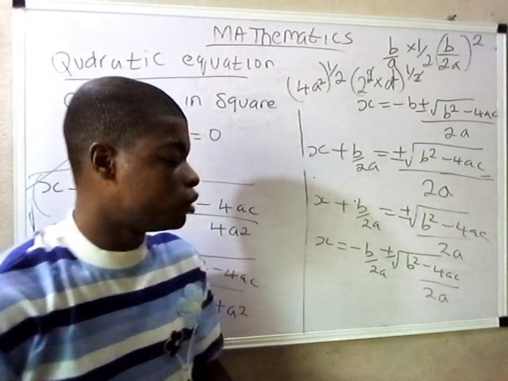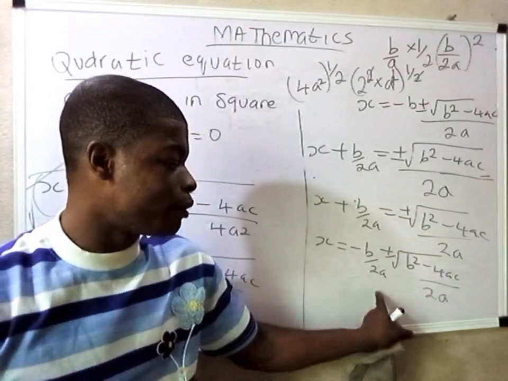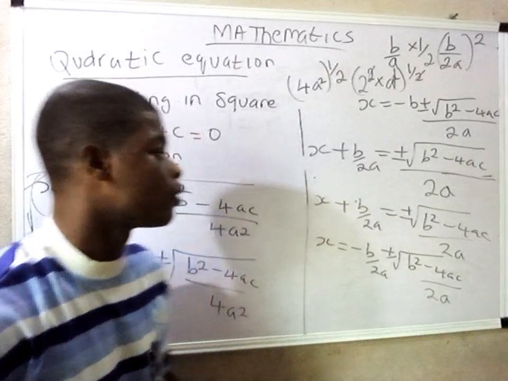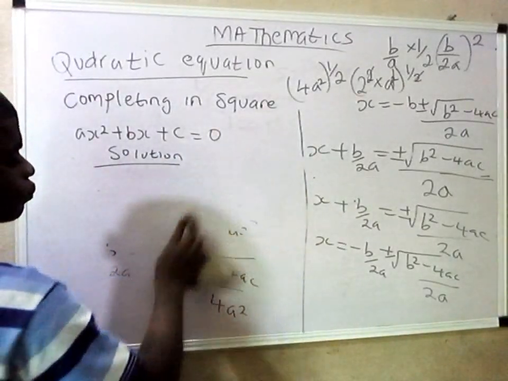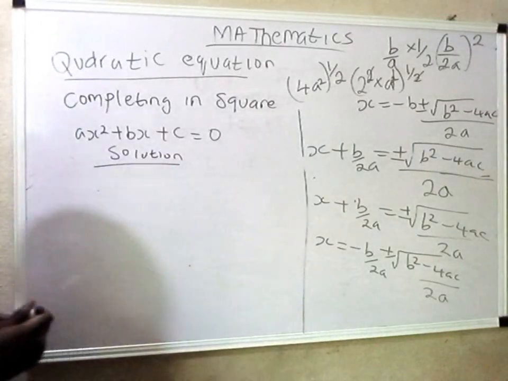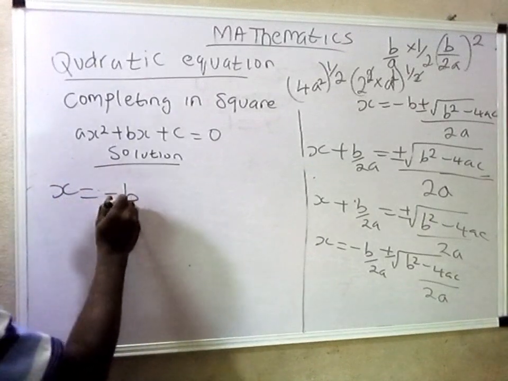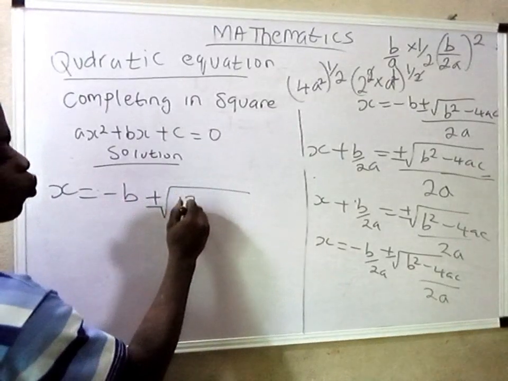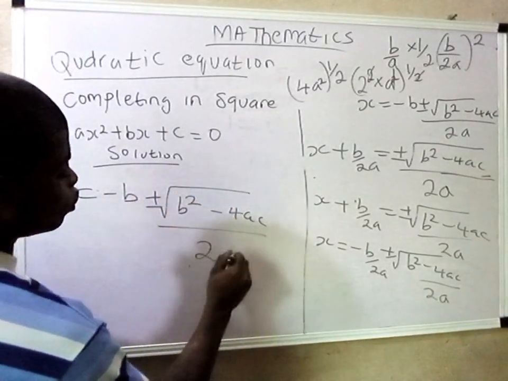Because they are fractions and the LCM of both sides is 2a, we just pick one denominator. So it will be x equals minus b plus or minus the square root of b squared minus 4ac, all over 2a.